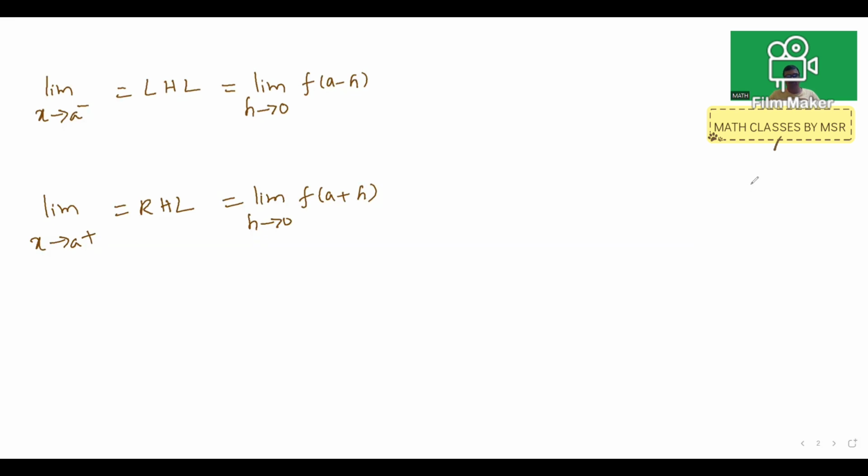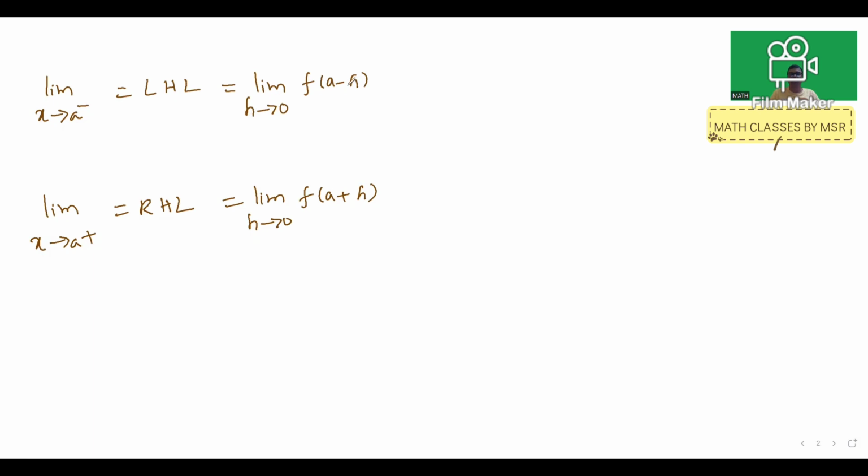So here, the limit as x tends to a minus is the left hand limit that we discussed. While solving problems, let us remember this: h is a very small positive real number, and h tends to 0.